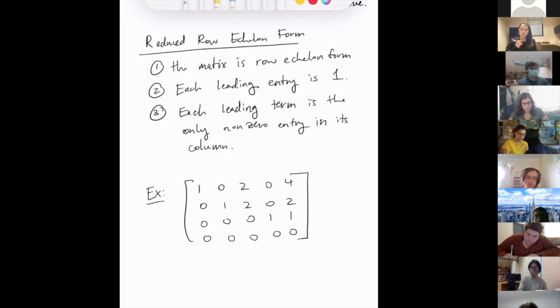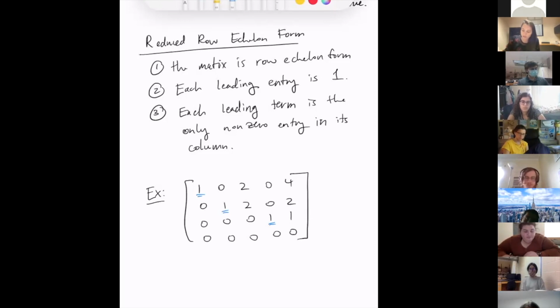Okay, so let's focus on the leading entries. That would be this one here. In the next row, it's that guy. In the third row, it's this one. And then there's no non-zero entries in the last row. So we can see already that all of those leading entries are 1.